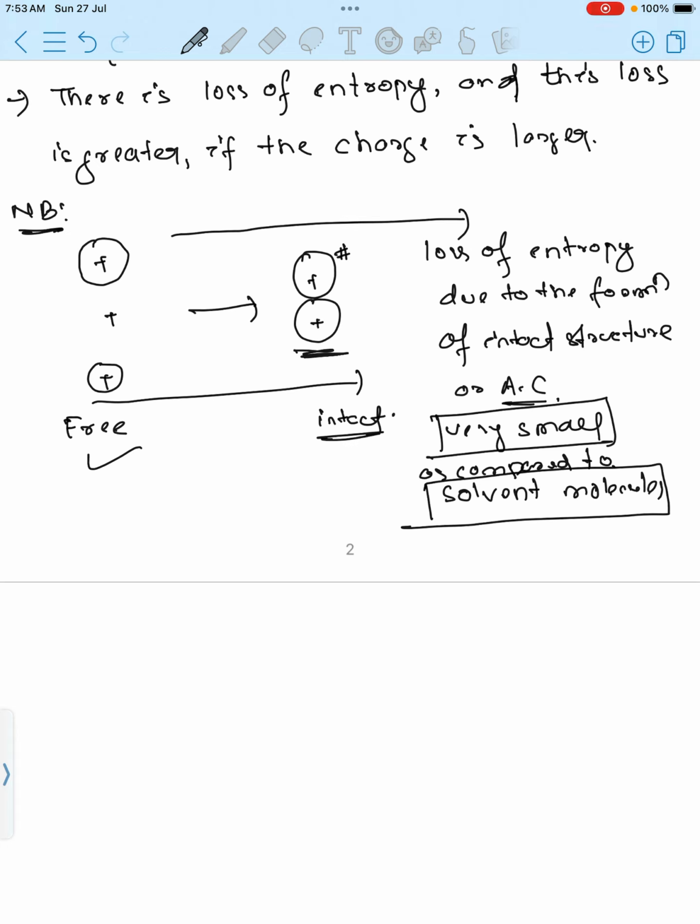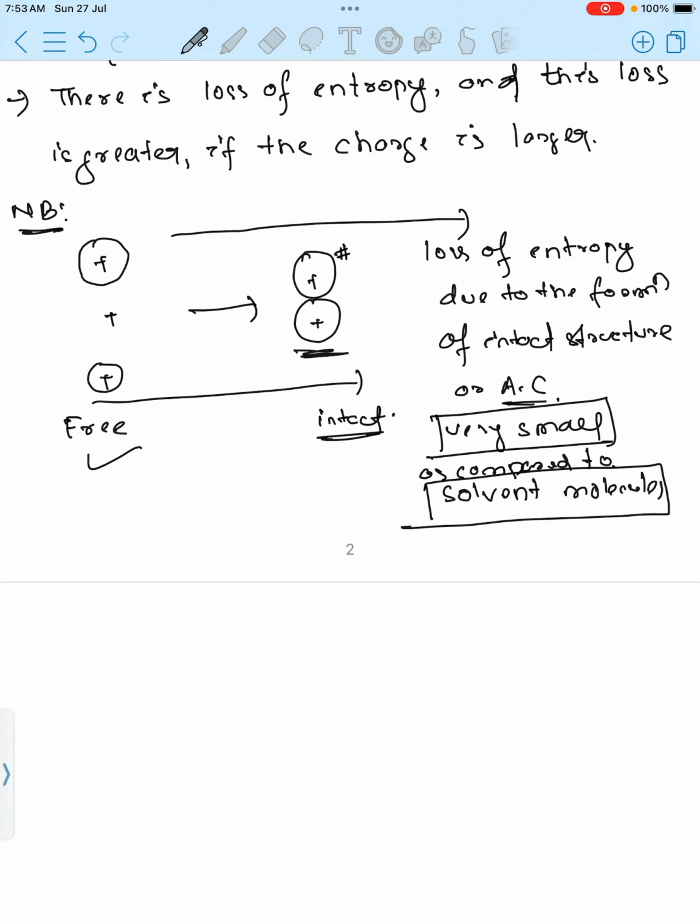But this loss in entropy due to the ionic species is very less as compared to that of the solvent molecules associated with them. Okay, so during the discussion of the entropy of activation for the ionic reaction, there are actually two types of entropy.